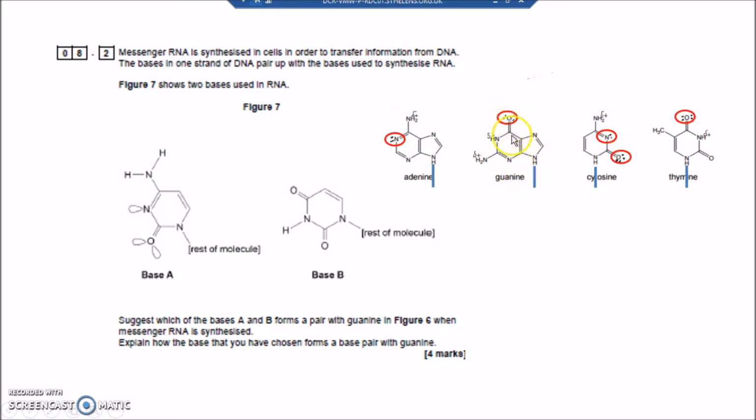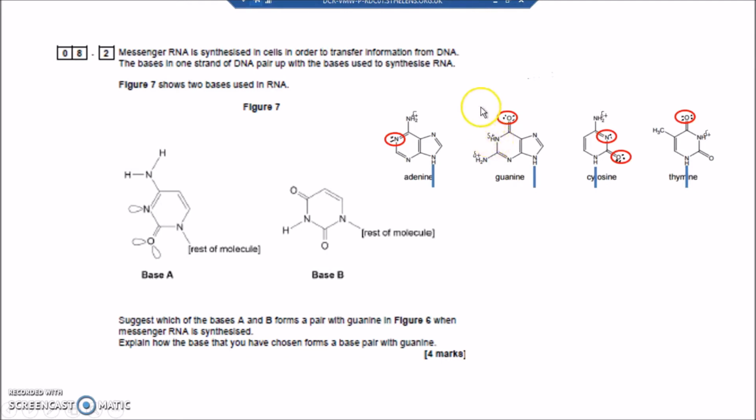And then you need to join the streams together, or join the bonds together. Just like in the movie Ghostbusters, they say the streams will never cross, and that's going to help you. The lone pairs of electrons on that O join to the delta plus on that NH2, the electrons bond to the delta plus, and then you go round one more.